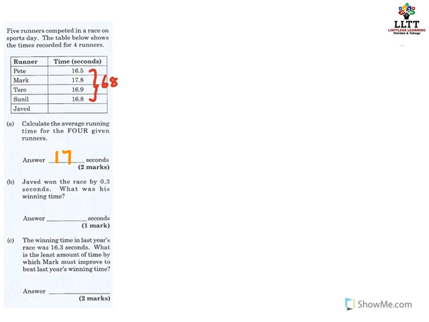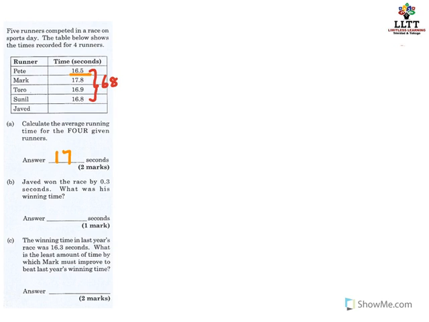So whoever came in second place, or currently has the lowest time, Javed would have gotten 0.3 seconds less than that. So the smallest time that we have recorded is 16.5 seconds.